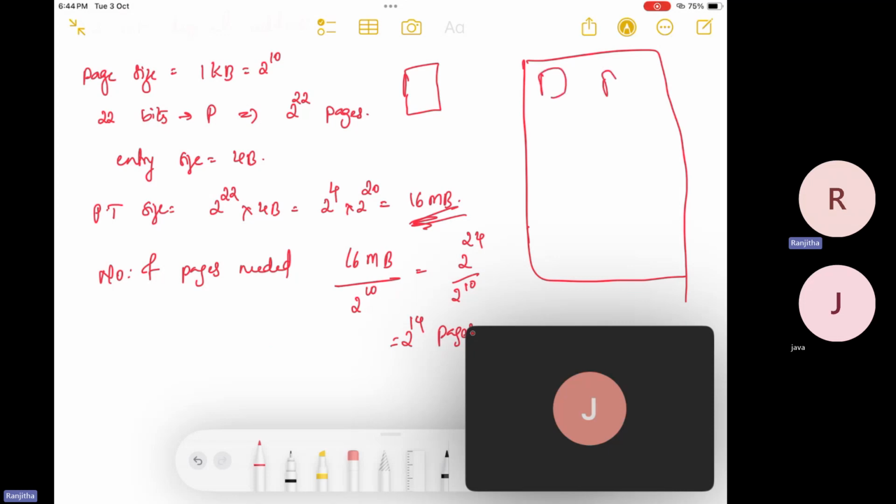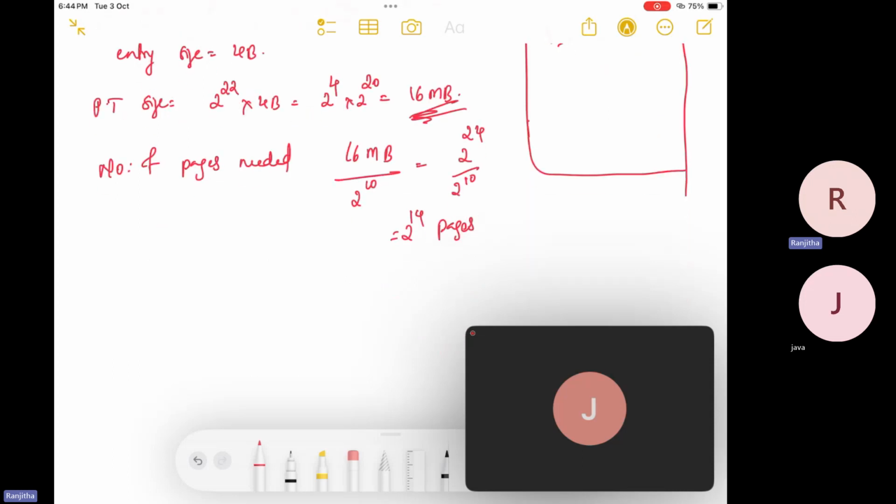It could be scattered anywhere across the main memory. So there needs to be a proper organization so that one can access these pages properly and finally retrieve the data from the frame.